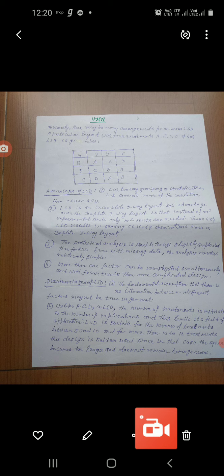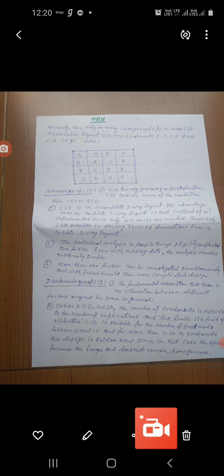Its advantage over the complete three-way layout is that instead of m cube experimental units, only m square units are needed. In a three-way design of experiment you would have m cross m cross m, that is m cube, units, but in this design you have to use only m square units.